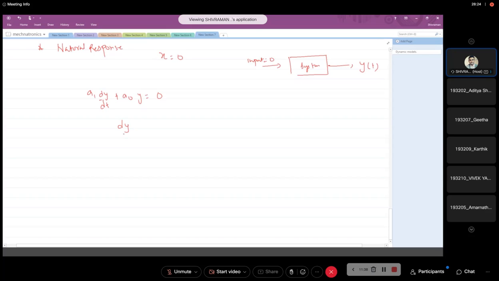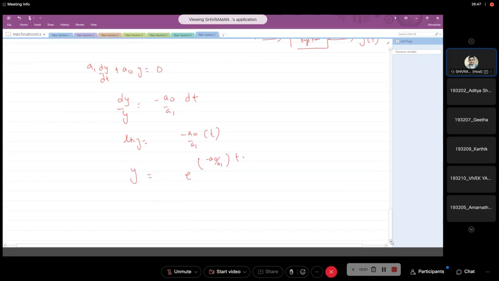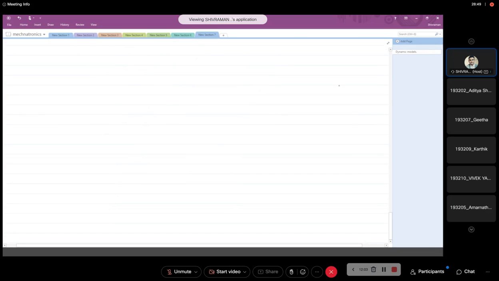You rearrange this equation to get a0 by a1 into dt. Now you can easily integrate on both sides, and y is equal to e to the power of minus a0 by a1 t. Okay, so this is the response equation for the natural system.